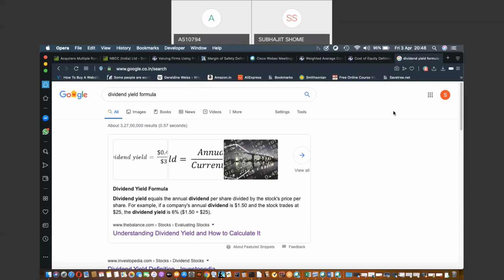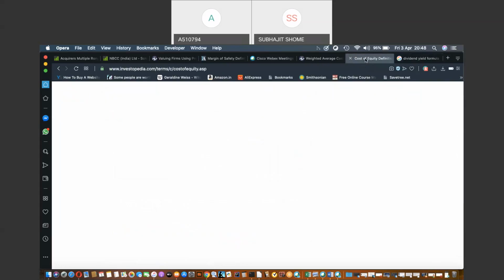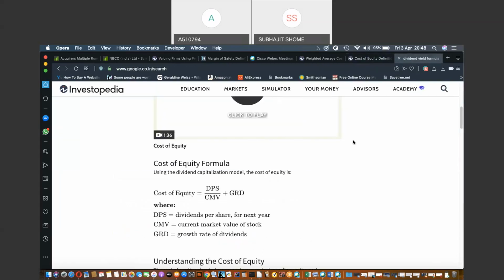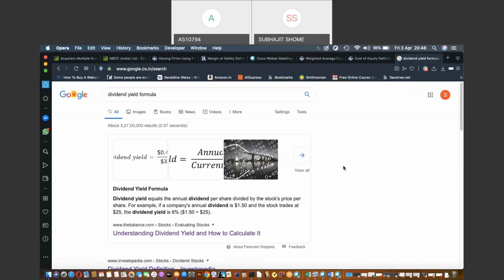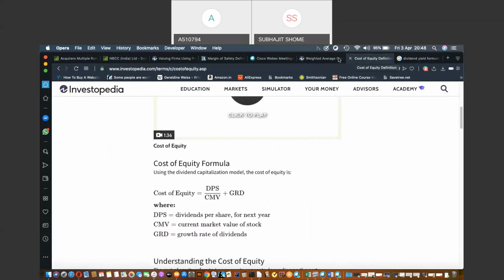Now what do we need to calculate? We need to calculate cost of equity. Dividend per share is 0.032, say 0.032, divided by current market value per share.